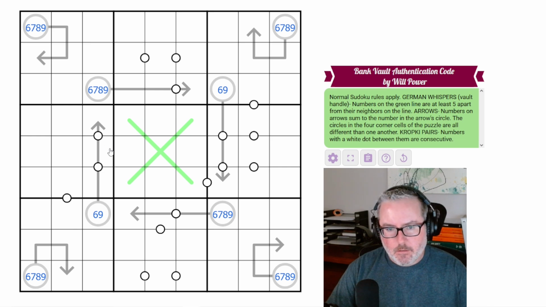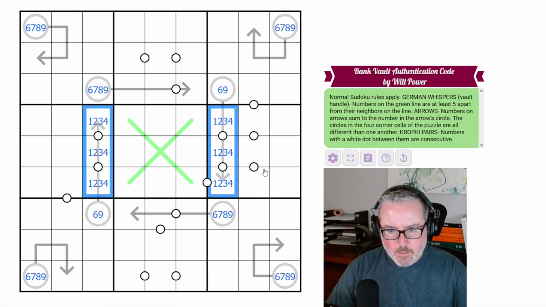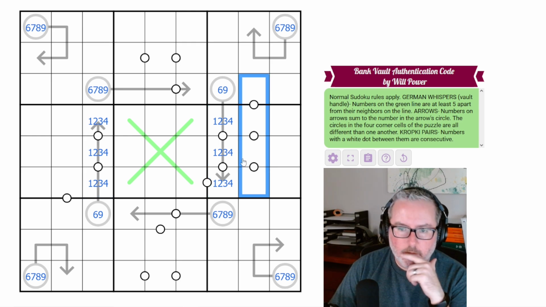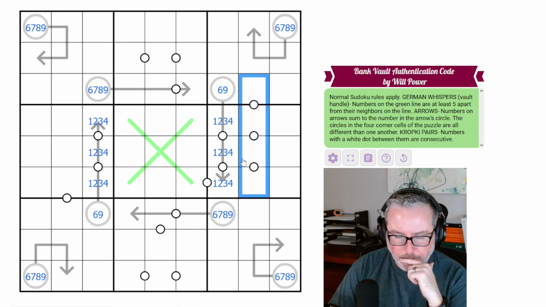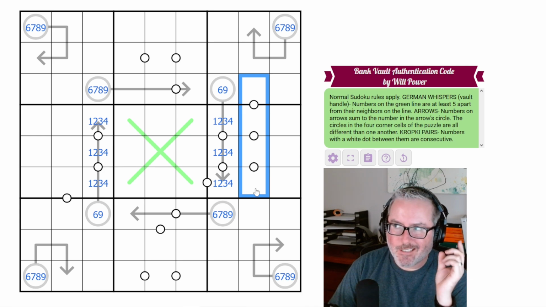So what do we know again about these guys? They're either 1, 2, 3 or 2, 3, 4. Those are the only options. So therefore, we're sharing 2s and 3s here. Now we have this other set of Kropkis, which can't ever contain 1, 2, or 3.